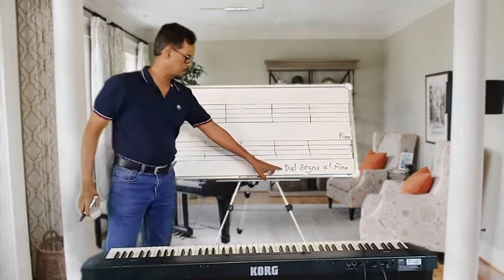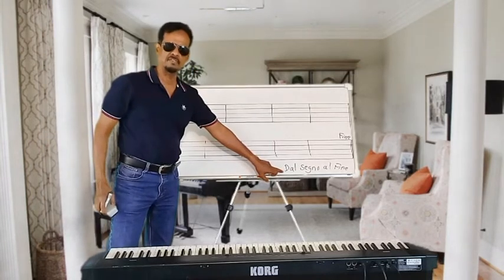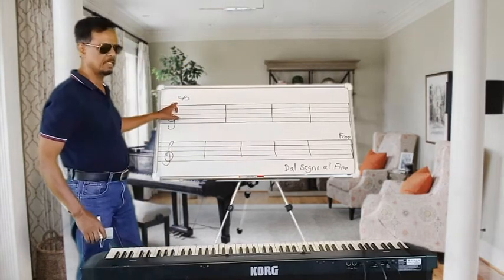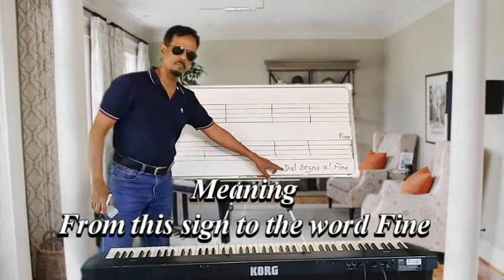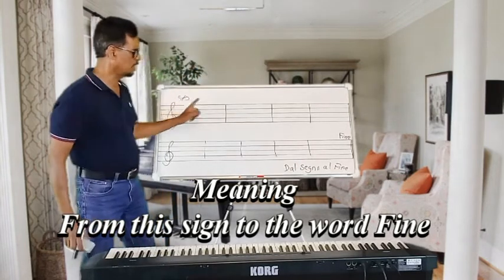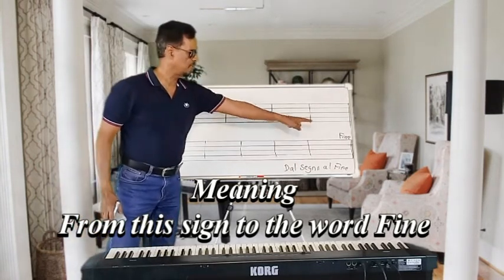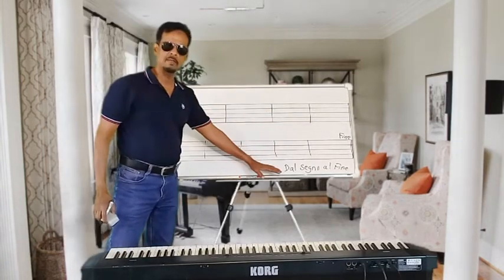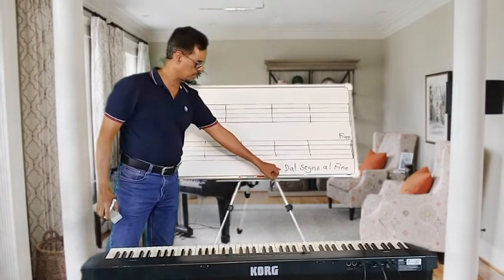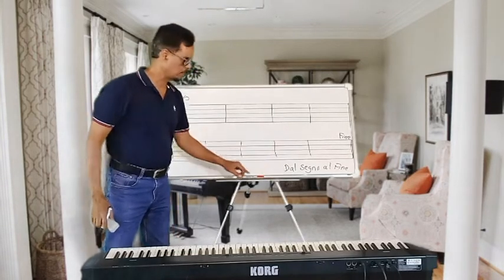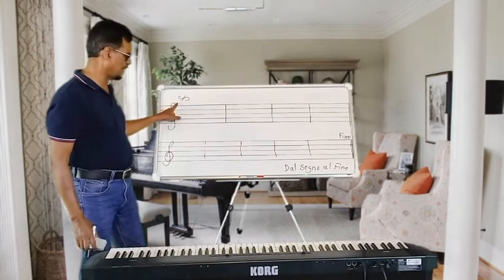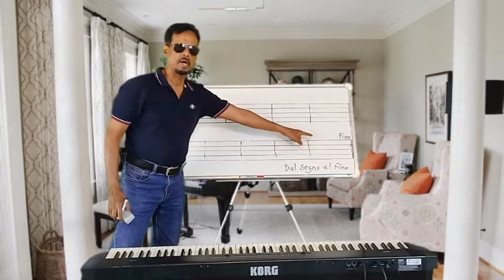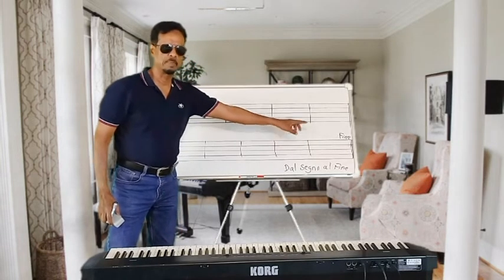You find this dal segno al fine means that from this sign, dal means from, segno sign, al to, fine, finish. Meaning when at the end of your piece you find this has been written, you have to start playing from here up to the last note at fine. You play it back again.